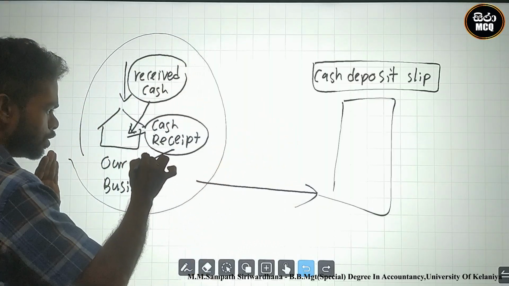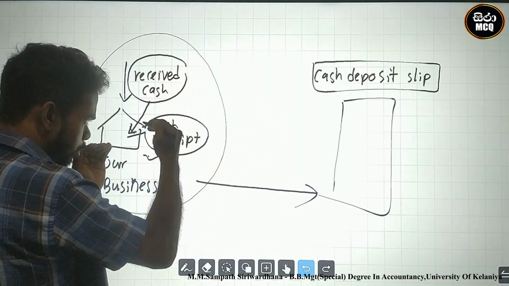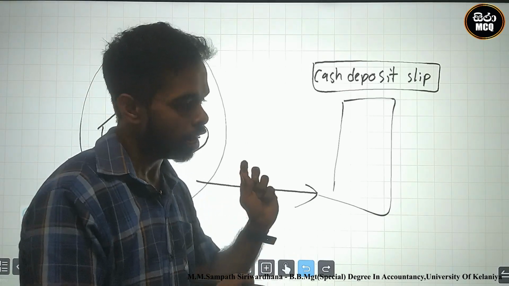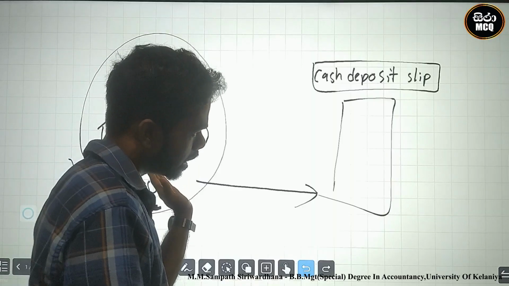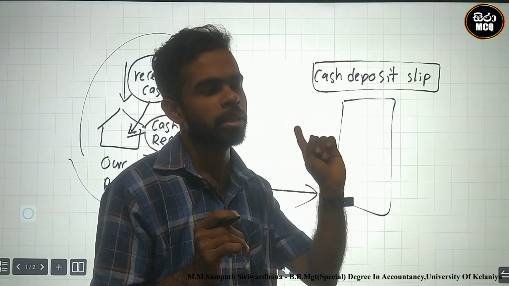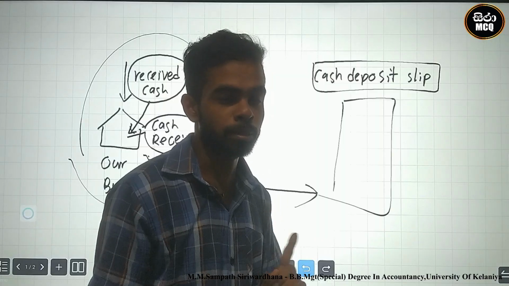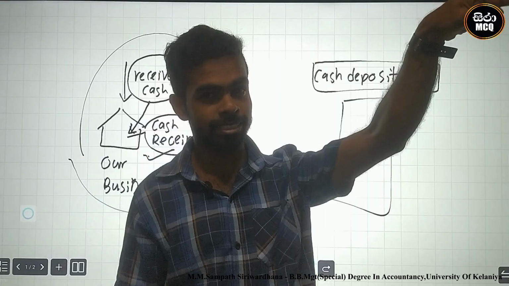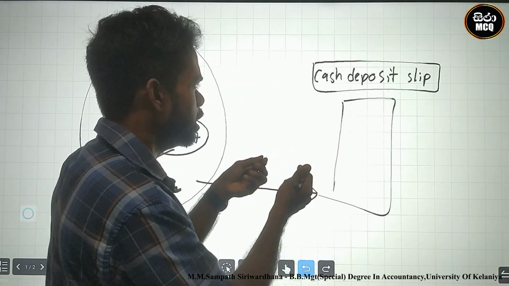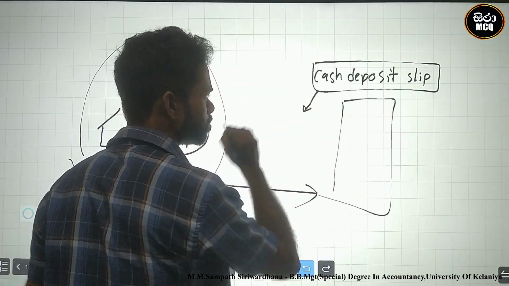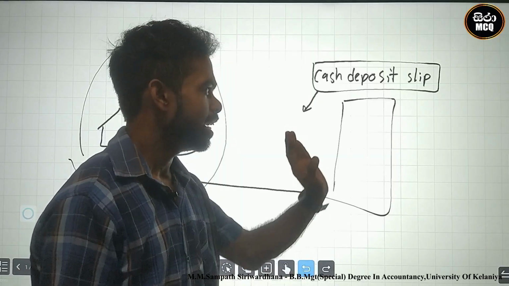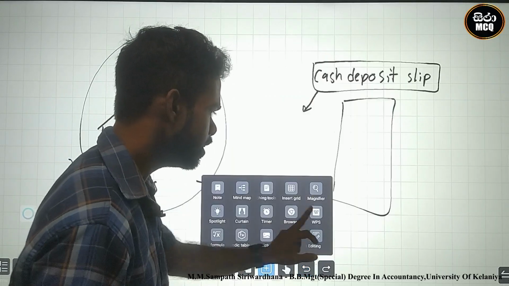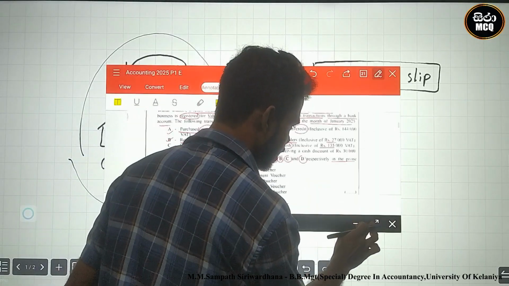Firstly, cash is received and we prepare a cash receipt. This is a document. After that, we deposit this cash in the bank account. At the depositing time, we fill the cash deposit slip in the bank. At this time, we receive a second copy. We get it, and there are two source documents there. Therefore, there are two answers.